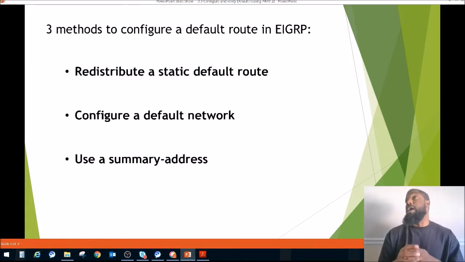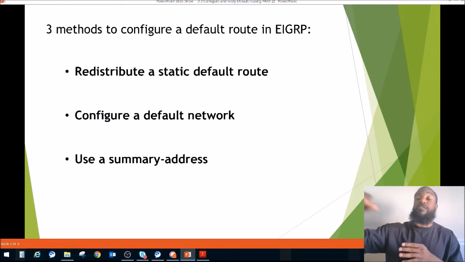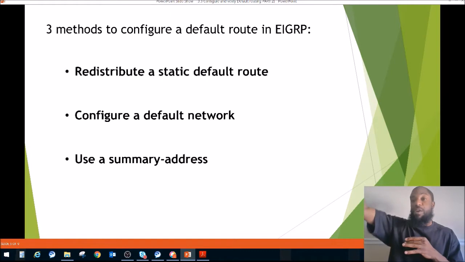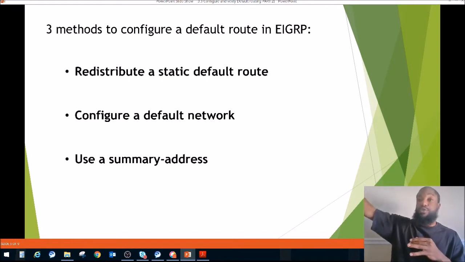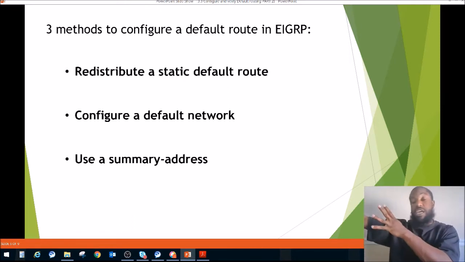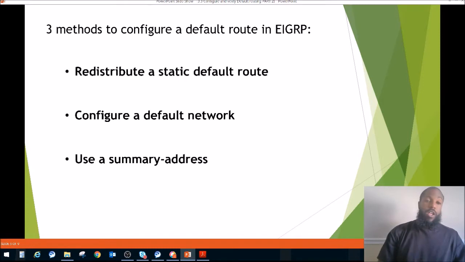A default network is not necessarily a static route, but we're not defining a forwarding address to get out of our network. We are defining a network that will take us out to the internet or to another network, so we're defining a network that will take us anywhere else we need to go. Or we can use what's called a summary address.